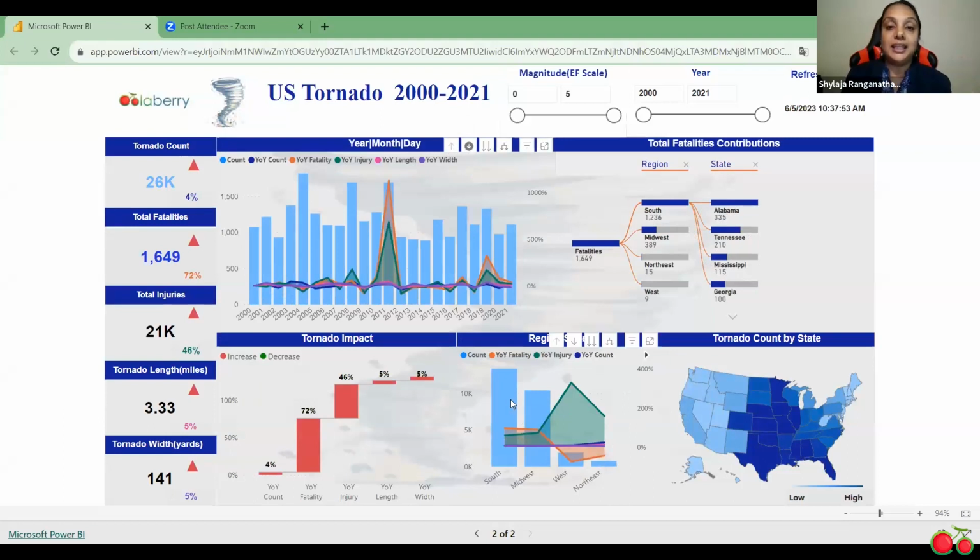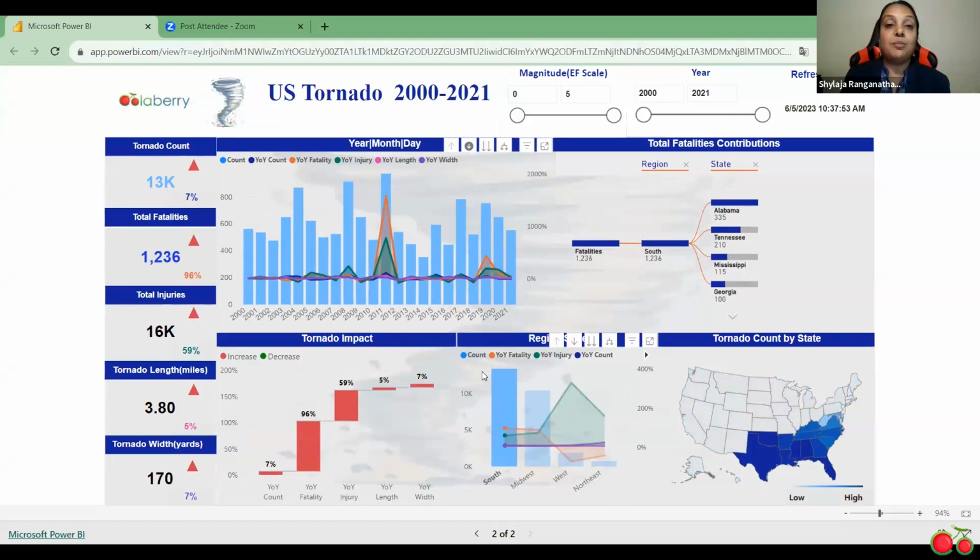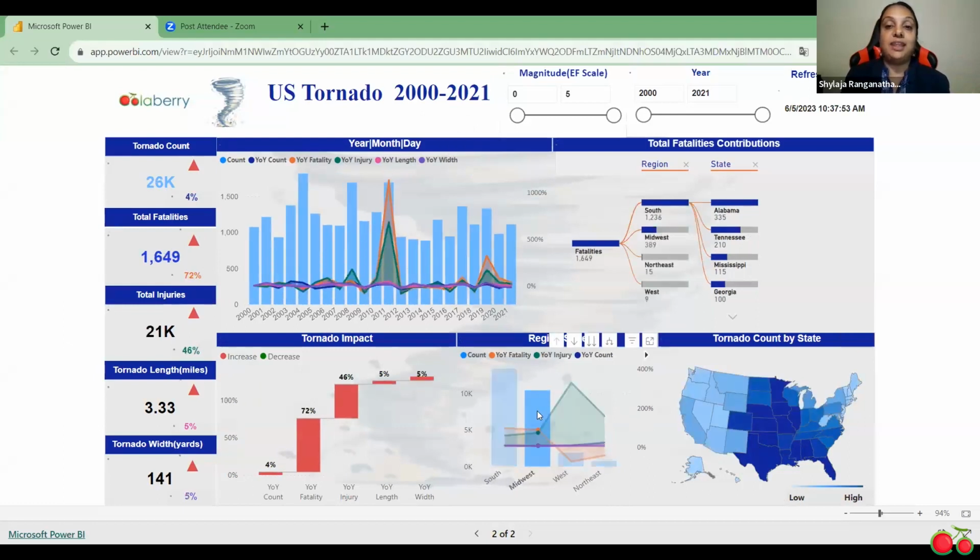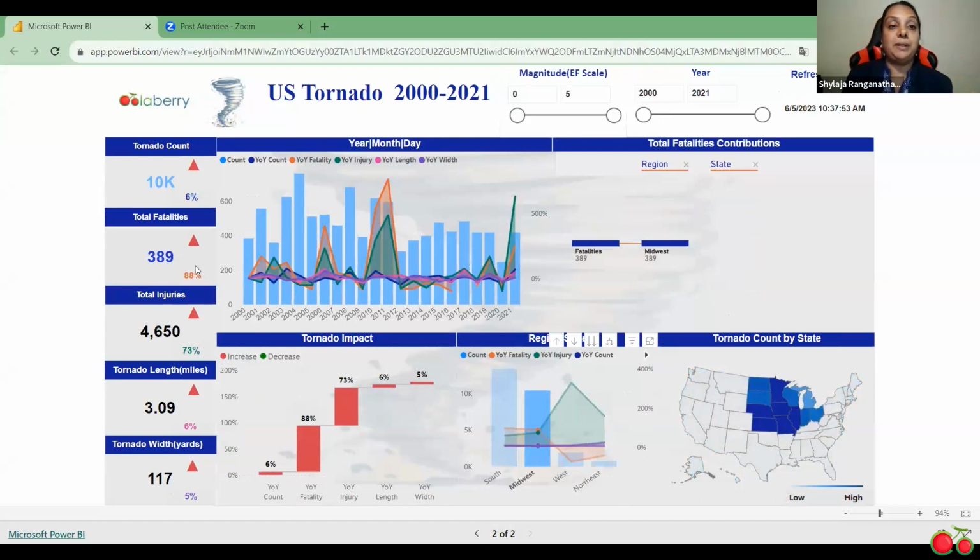And again, we have seen here the south region has more fatality increase, 96%, and we have some high risk states here. Similarly, in the Midwest region, we can see the fatality is 88%. Again, we have some high risk states here where we have more tornado count.